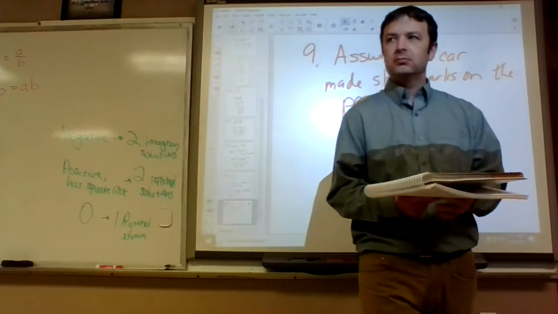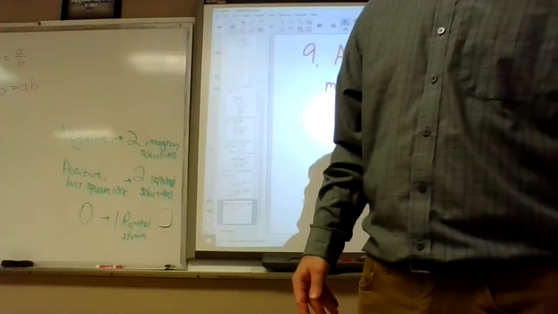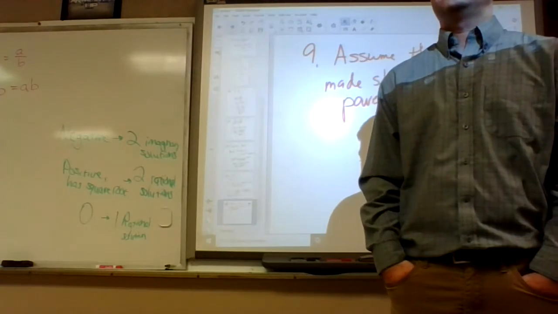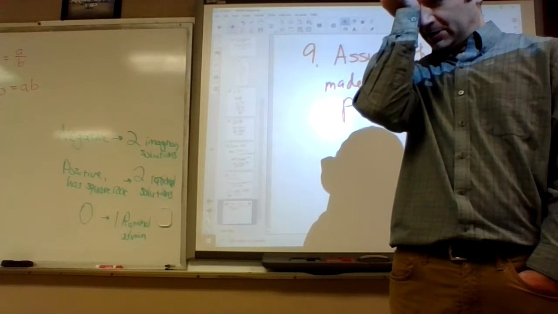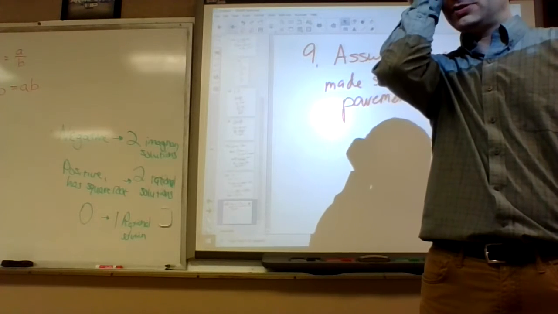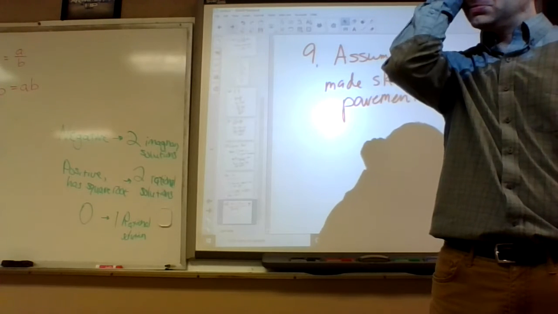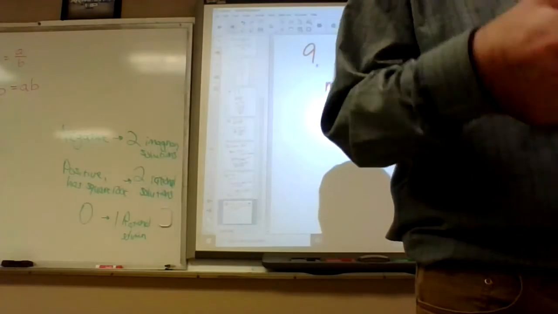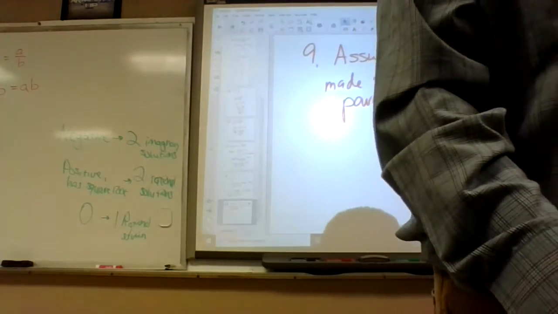All equilateral triangles are isosceles triangles, but not all isosceles triangles are necessarily equilateral. Yeah, that's true.